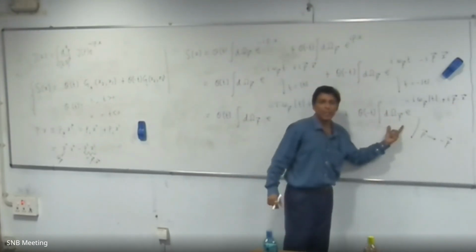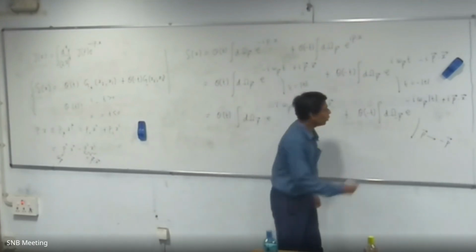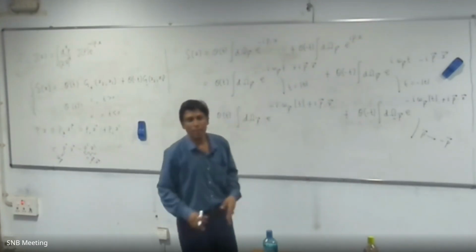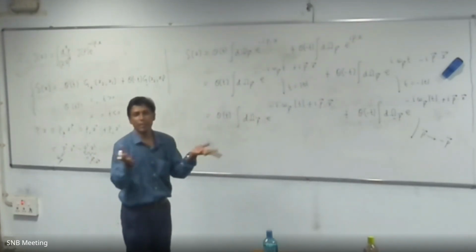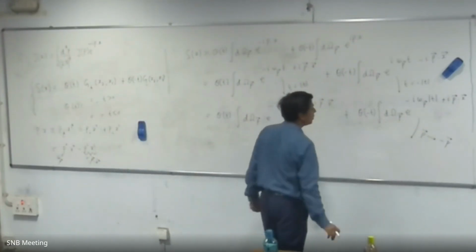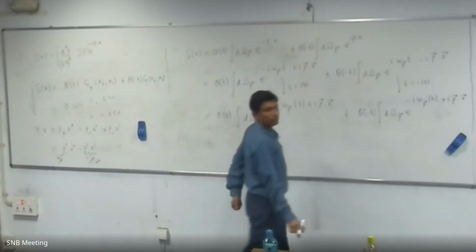What happens to the measure d omega p? This becomes d omega minus p. But d omega minus p is the same as d omega p. There is a 3-volume, right? So nothing happens. p going to minus p, everything is the same. So very good. If p goes to minus p, this becomes this thing.